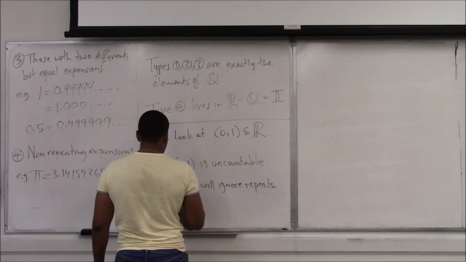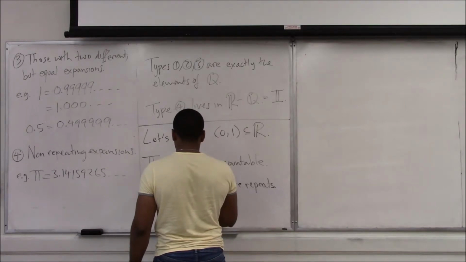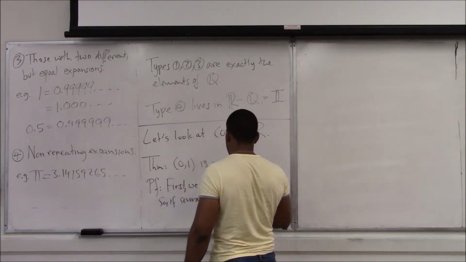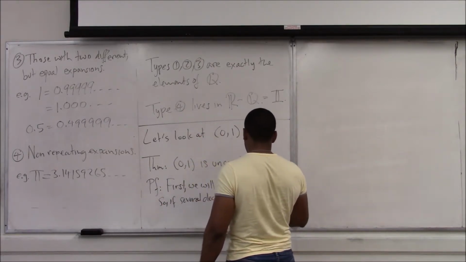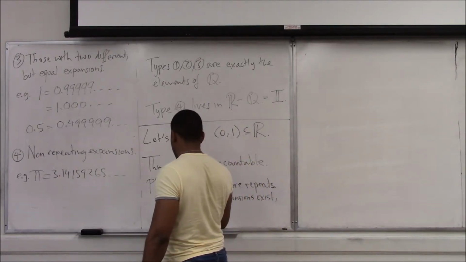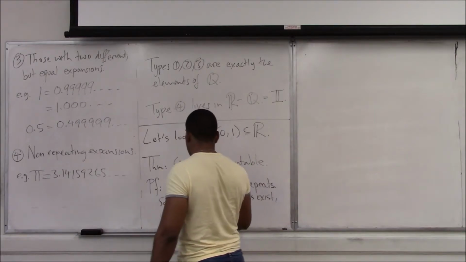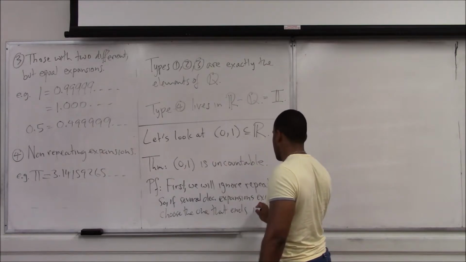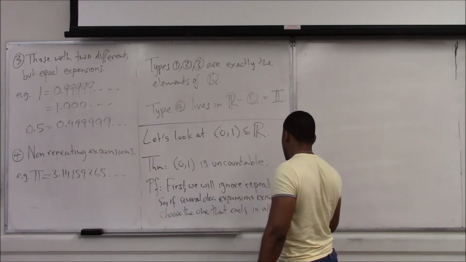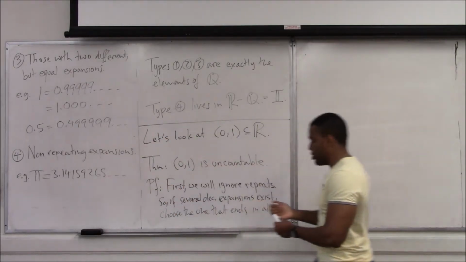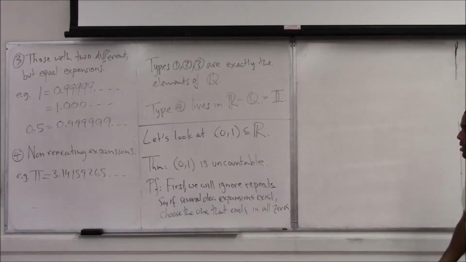So if several decimal expansions exist, choose the one that ends in all zeros. Because I want to make sure I'm not double listing anyone. So that's the first step. Make sure we're not choosing things that we don't need to be choosing and over-listing things.